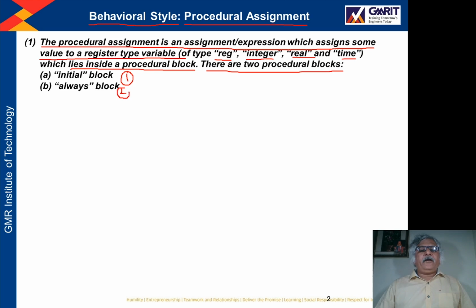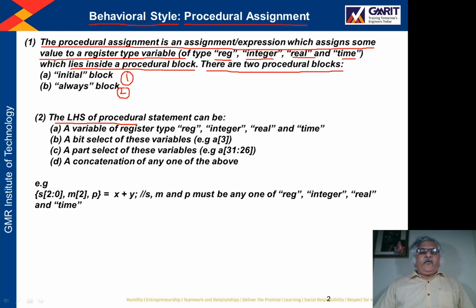We already discussed these types of blocks in the previous lecture also. So initial and always are the procedural blocks.